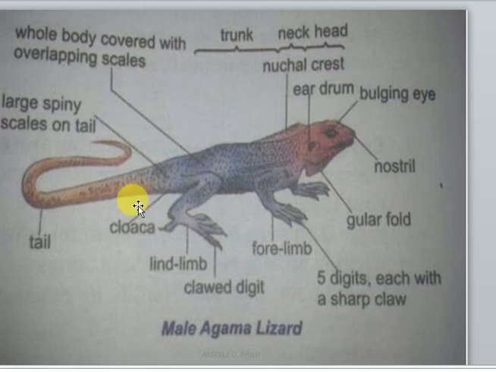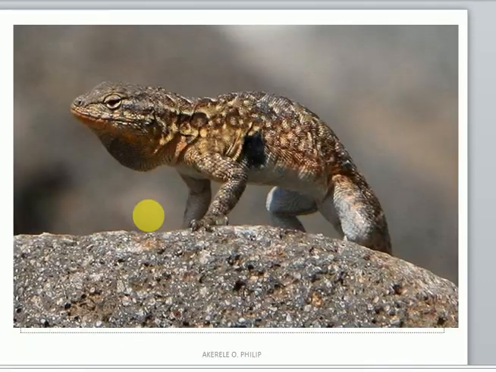So let me show you one behavioral adaptation of the agama lizard, that when they are angry, this gular fold swells up. That should be seen in the next diagram. Yes, when they are angry, the gular fold swells to show anger and to chase the intruder away, in this case maybe another male agama lizard.